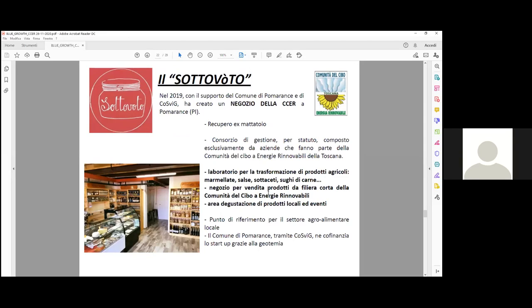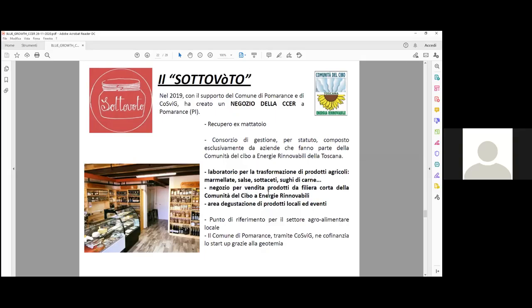L'associazione nel corso del tempo si è un po' evoluta, perché le aziende che fanno parte della comunità del cibo ad energie rinnovabili sono sparse in tutti i territori geotermici e anche al di fuori dei territori geotermici.